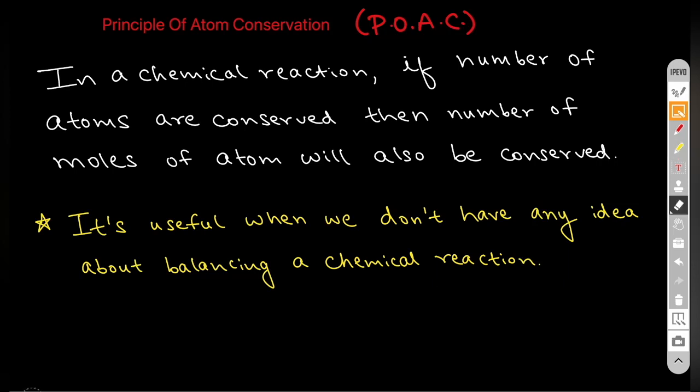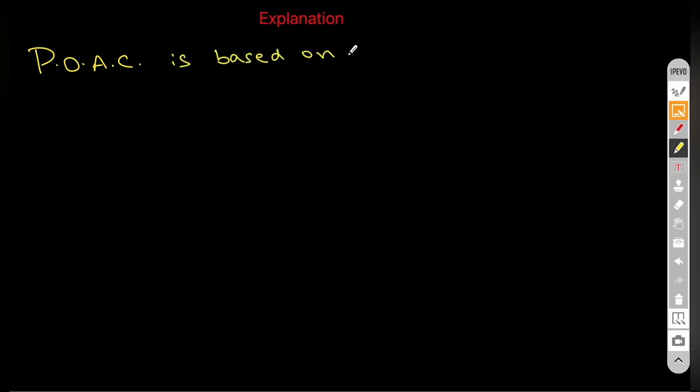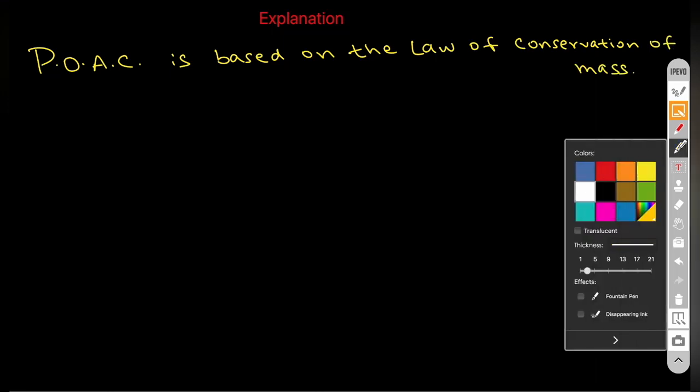Now we'll further discuss it. Explanation. POAC, principle of atom conservation, is based on the law of conservation of mass.